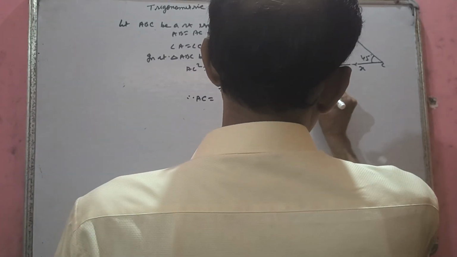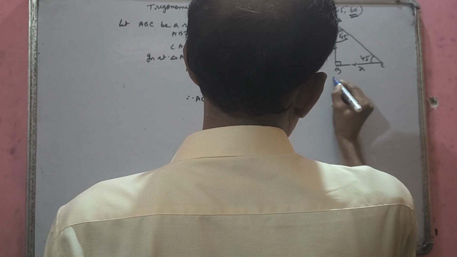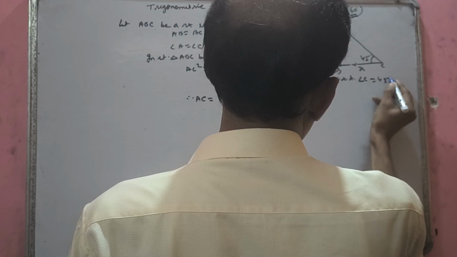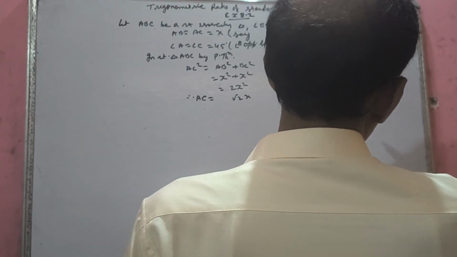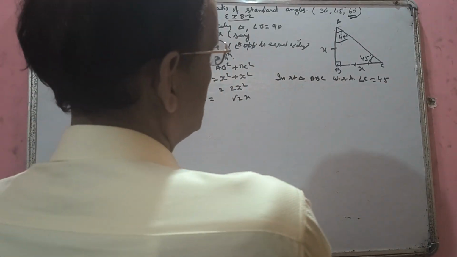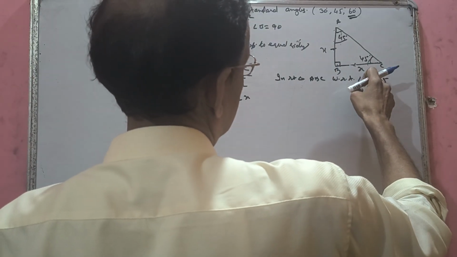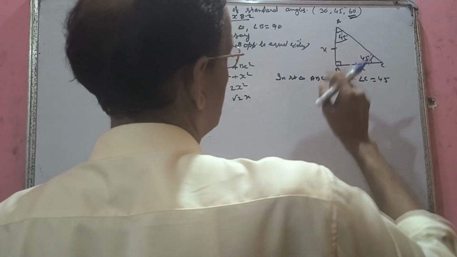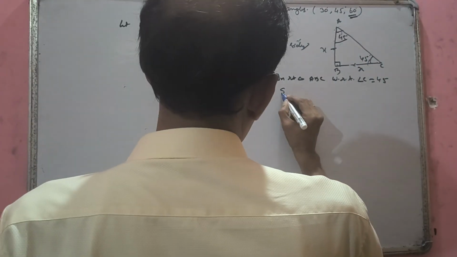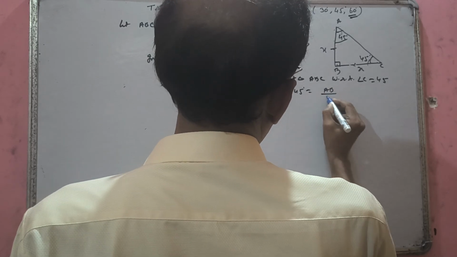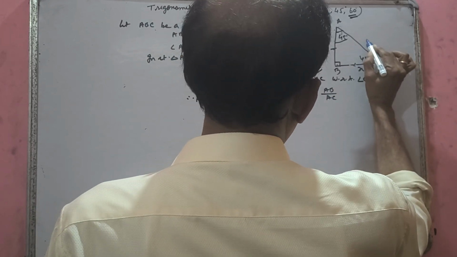In right triangle ABC, with respect to angle C equal to 45 degree, I have considered this angle. So what angle you have considered? The opposite side will be perpendicular and the adjacent side will be the base. Hypotenuse you know already. So sine 45 degree is opposite side by hypotenuse. Hypotenuse, how much have we got?